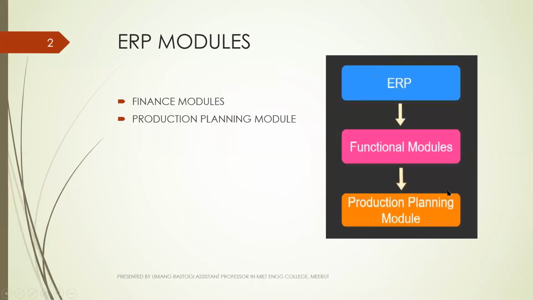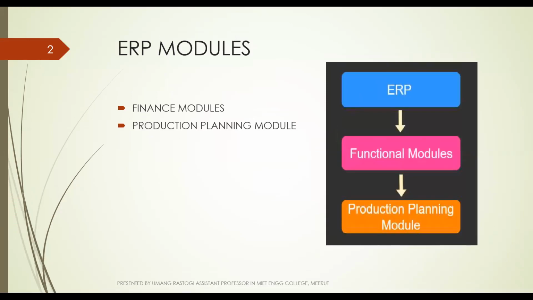In this topic, you have to know about what ERP modules are. As you know, many modules are used in one system, and if that system is centralized and multiple computers are attached to it, that means that system is an ERP system.